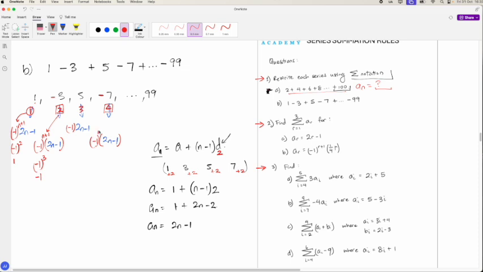Negative 1 to the n plus 1 will be negative 1 to the 4 plus 1, which is 5, which will give me negative 1. Odd numbers will remain negative, and even numbers will give me positive. Well, not particularly even numbers of n, but n plus 1. When n plus 1 is even, I'll get a positive answer. When n plus 1 is odd, I'll get a negative answer.